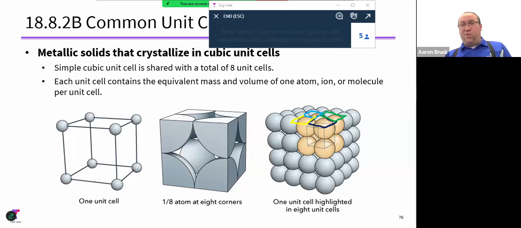So it's in each of those four. If there were a layer on top of it, it would be involved in 4 unit cells in the layer on top.